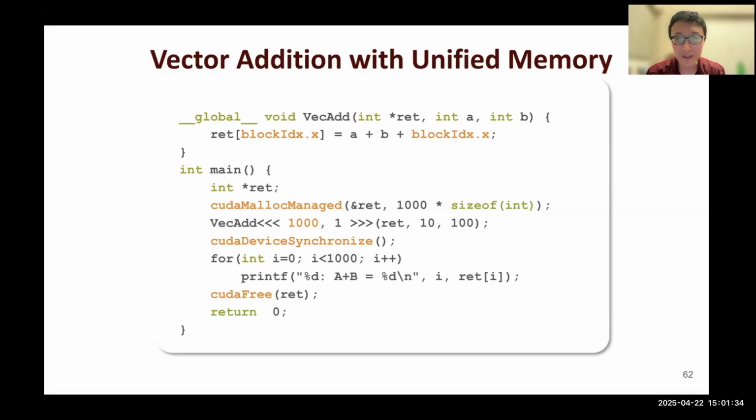I can do this vector addition on 1,000 CUDA cores and do the calculation. Then I do the device synchronization. The data will be automatically copied back to my CPU, which is quite nice, right? Then I have an extra loop to print out the results, and you can see the results here.